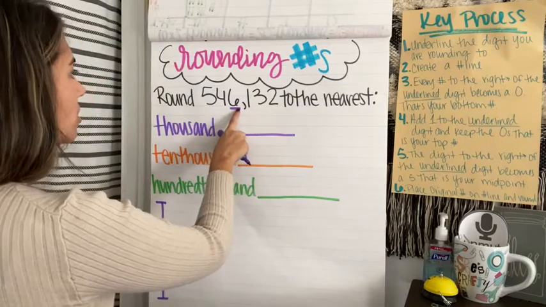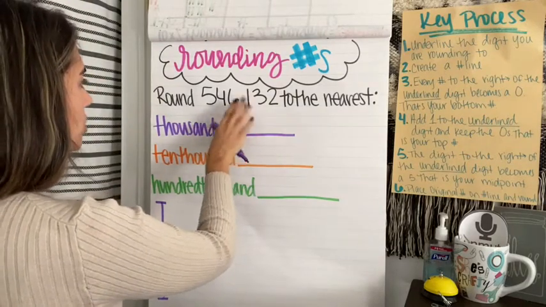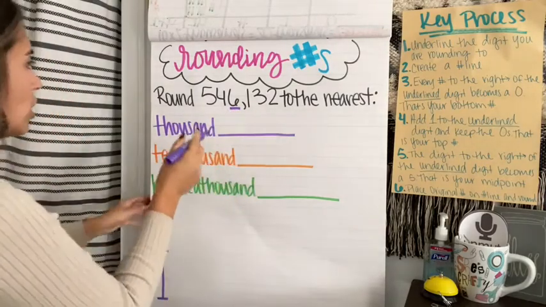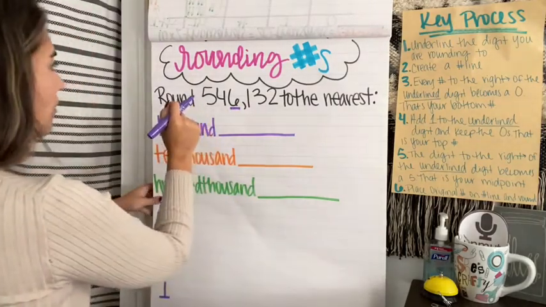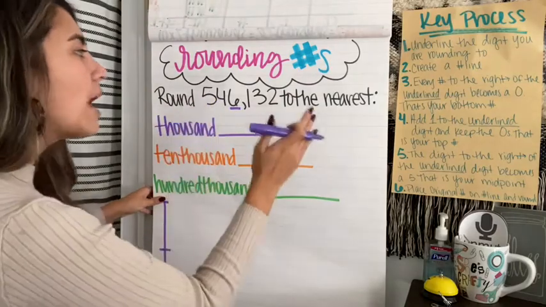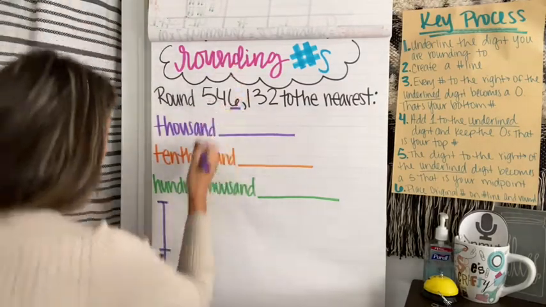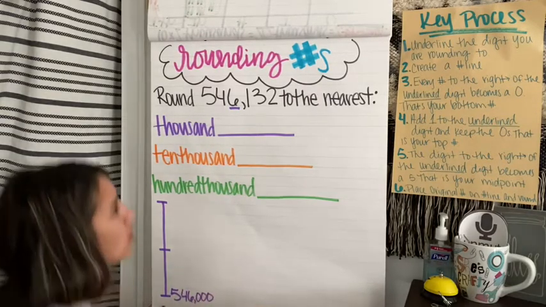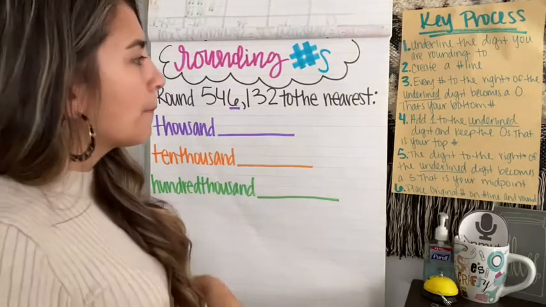So every digit to the right of my underline becomes a 0. Okay, so it's going to be 546,000. This becomes a 0. So label that. Got it. Next step.